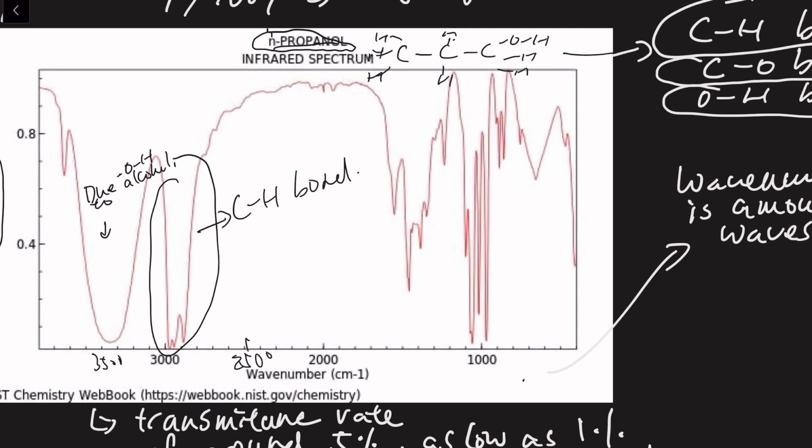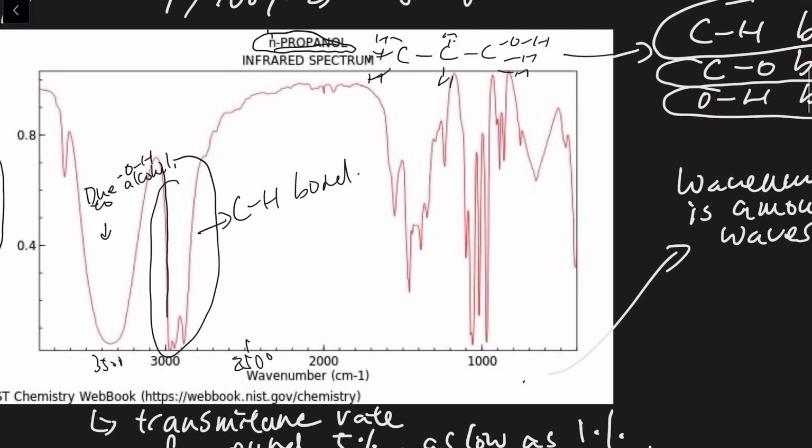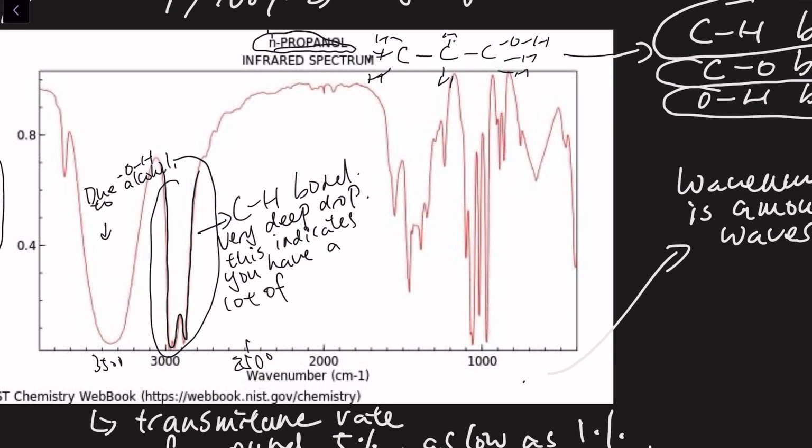And you can also tell the amount of bond present by looking at the depth. You can see that this transmittance drop is very sharp, a very deep drop. This indicates you have a lot of CH bond present in this molecule.